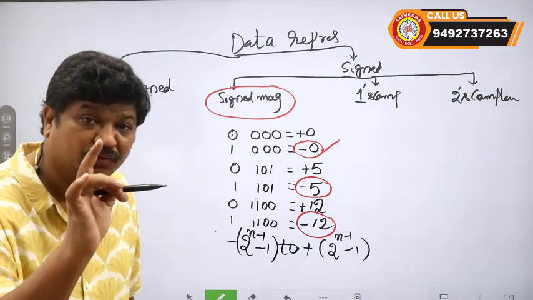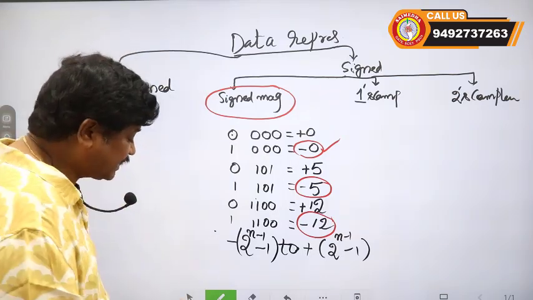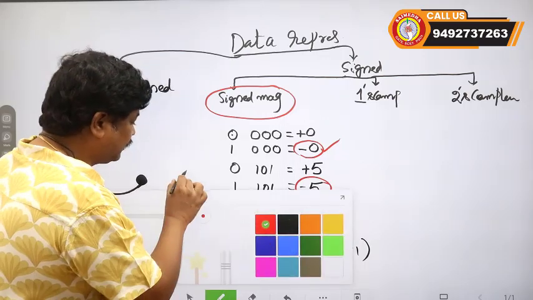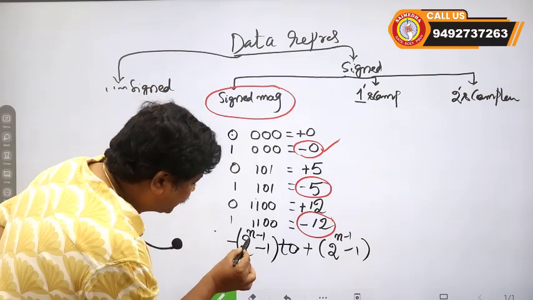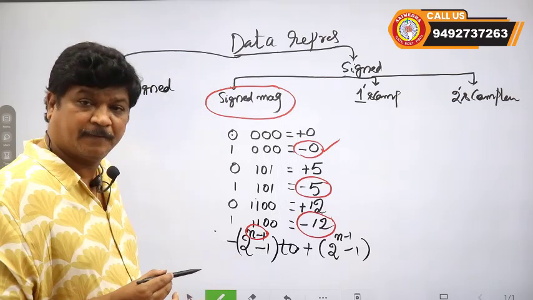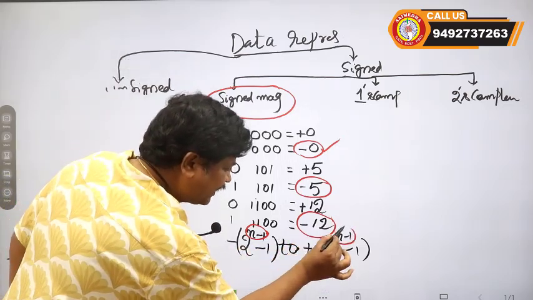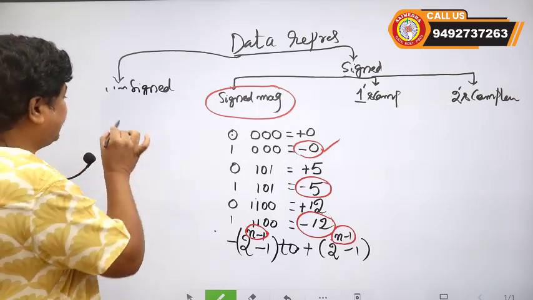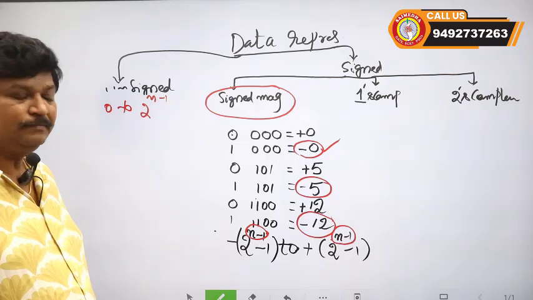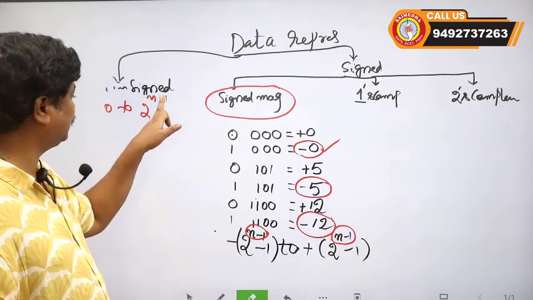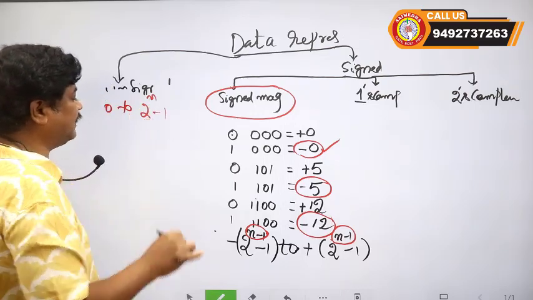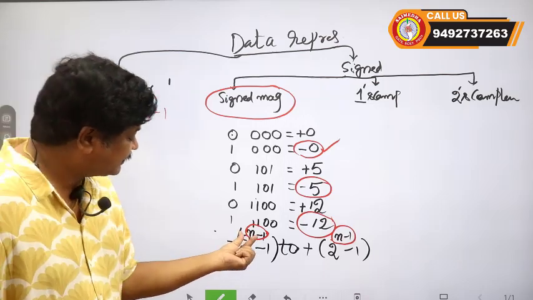You have to observe carefully. In the power, there is n minus 1. In the previous example, it was 0 to 2 power of n minus 1 only, with n in the power. But here it is n minus 1.